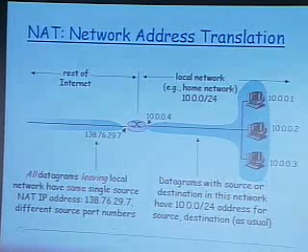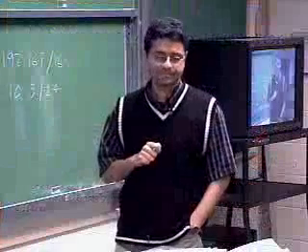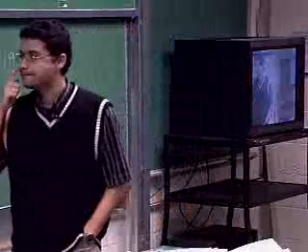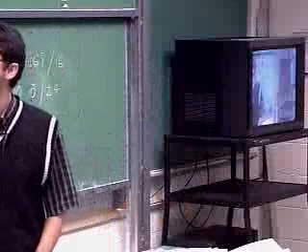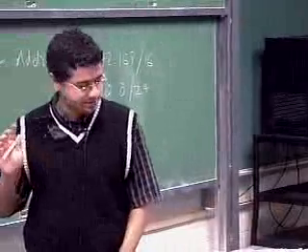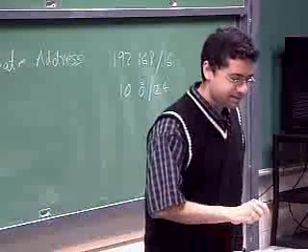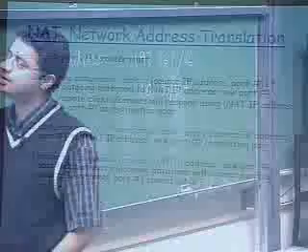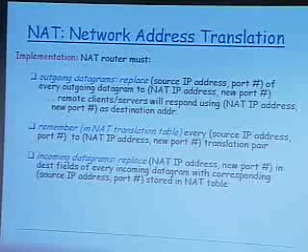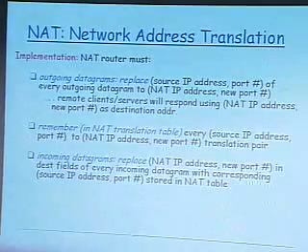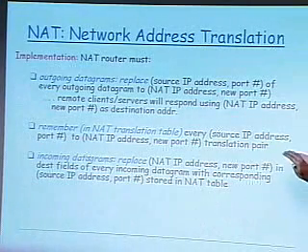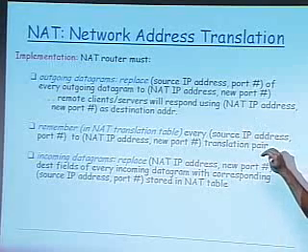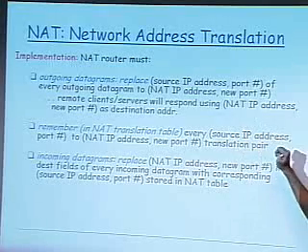So how would this work? This is the motivation for NATs. In the implementation, at the NAT router, every outgoing datagram, you're going to replace the source IP address and the port number with the NAT IP address and a new port number.